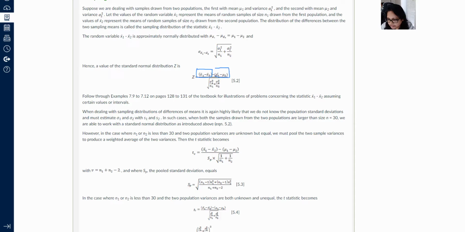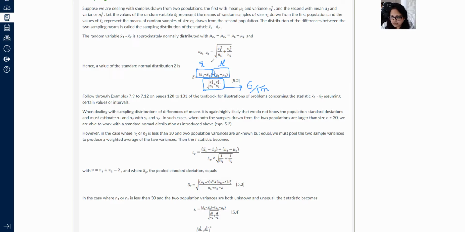The first is the mean from the sample, the second is the mean from the population, and then we had the standard error, or standard deviation. We usually say standard error for the mean, which before was sigma divided by root n.